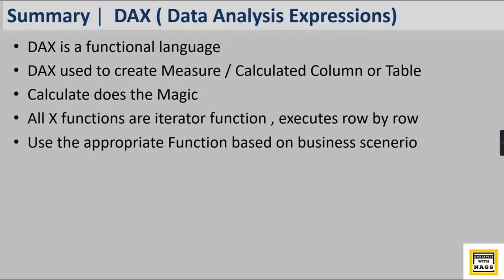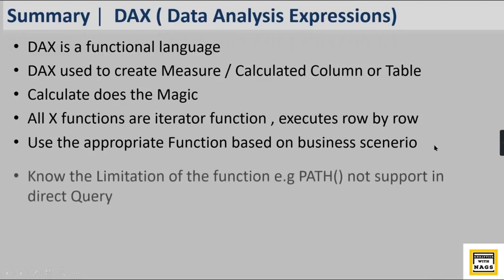You need to use appropriate functions based on the business scenario. If you want to use time intelligence, you can go for YTD, MTD related functions. If you want to relate two tables, you need to use either RELATED or USERELATIONSHIP based on your design.